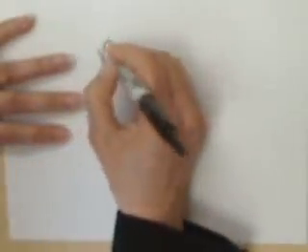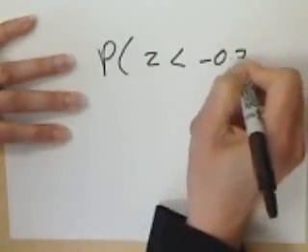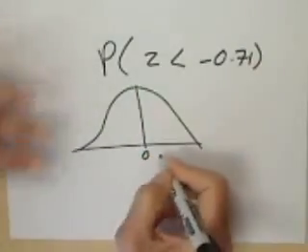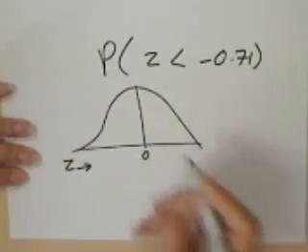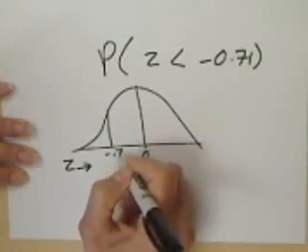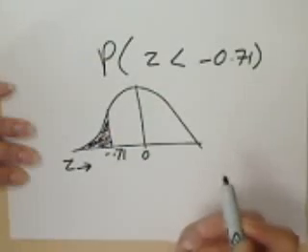And finally, probability that z is less than negative 0.71. Draw. Mark what you know. We want z to be less than negative 0.71. Less than negative 0.71 would be this strip right here.